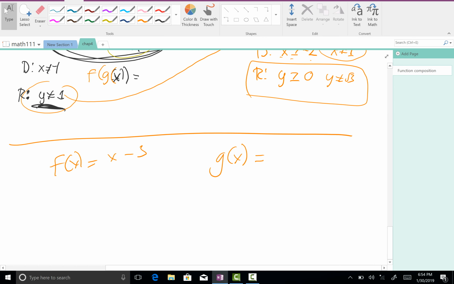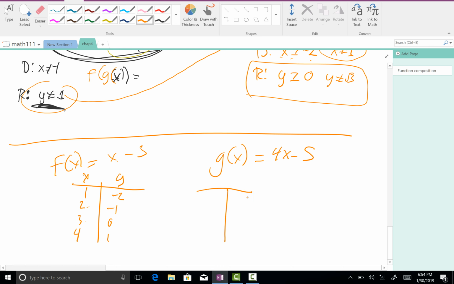I'll make it kind of simple here, okay? All right. So 1 in here is negative 2, 2 is negative 1, 3 is 0, 4 is 1, right? Okay.